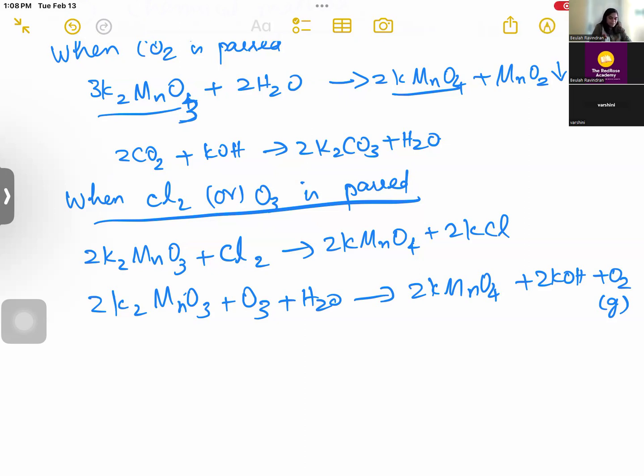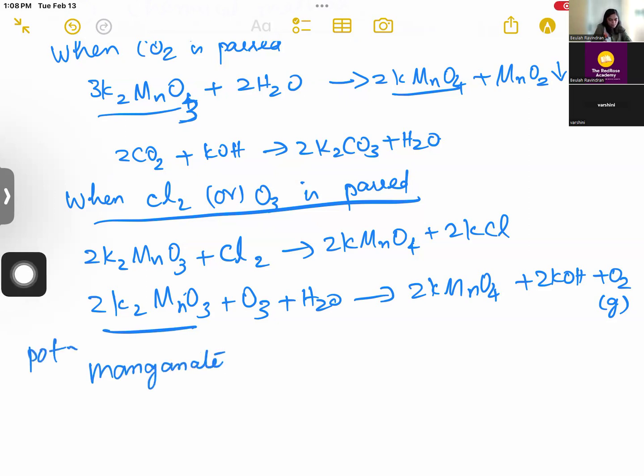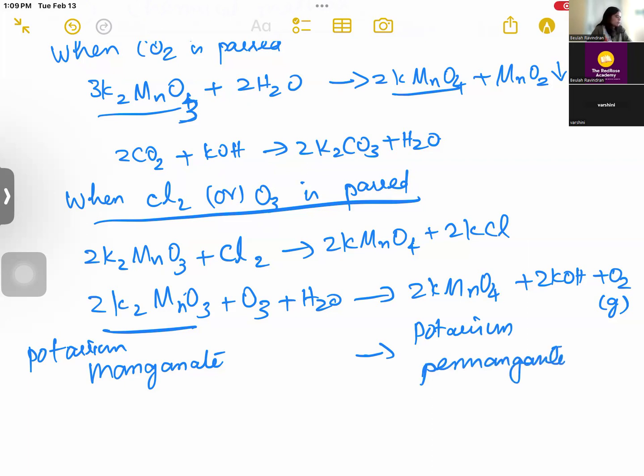Okay, just how the potassium manganate is converted into potassium permanganate by the chemical method. Got it? So this is the purple solution.